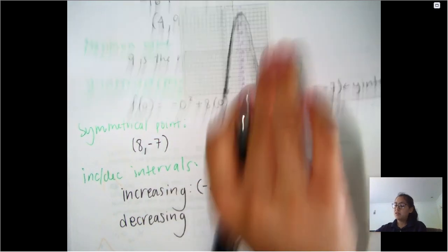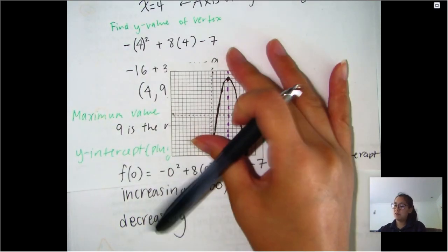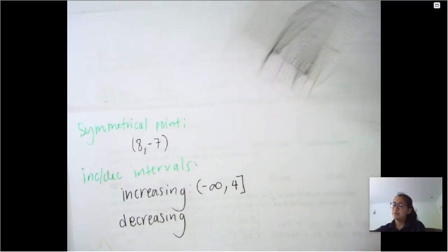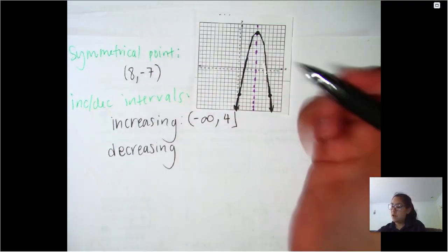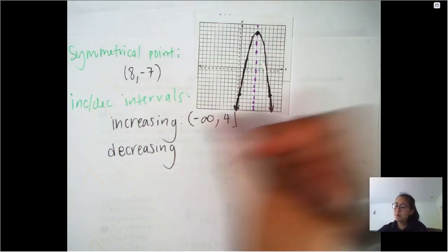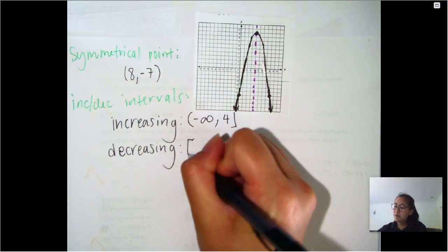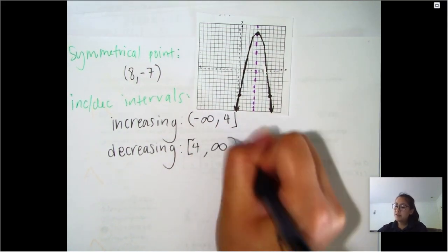And then the graph is going to be decreasing for the rest of the way. So that'll be from 4 until positive infinity.